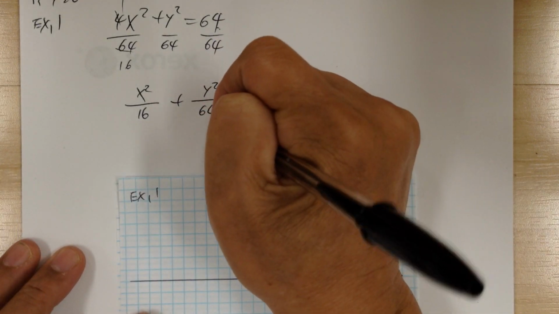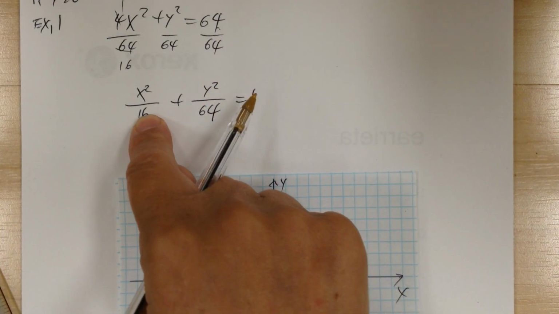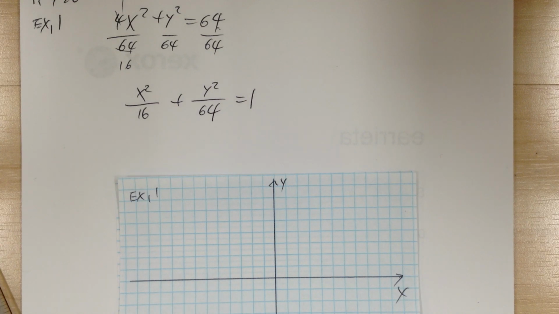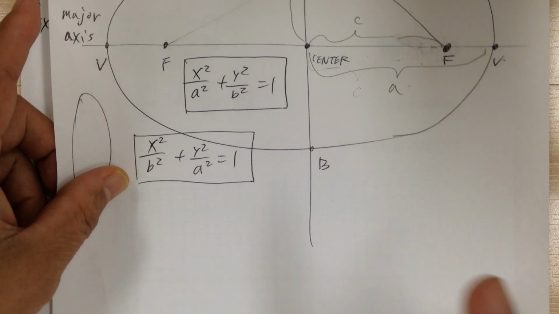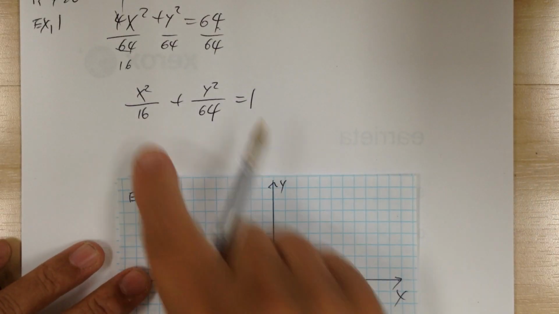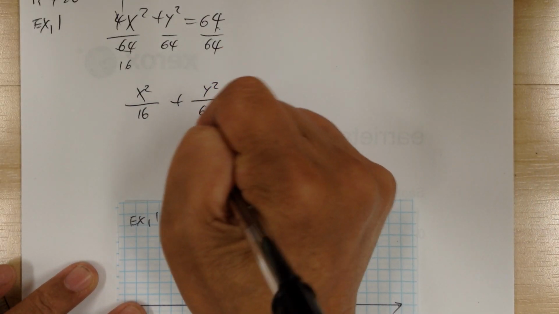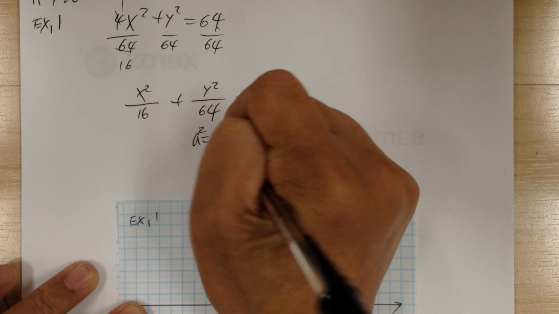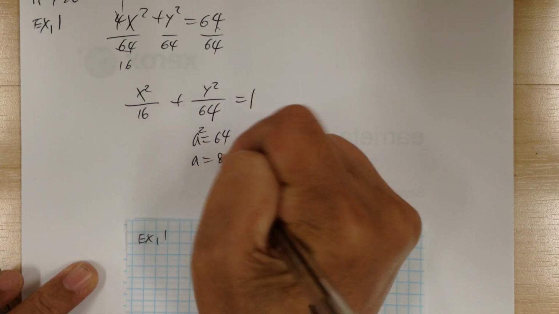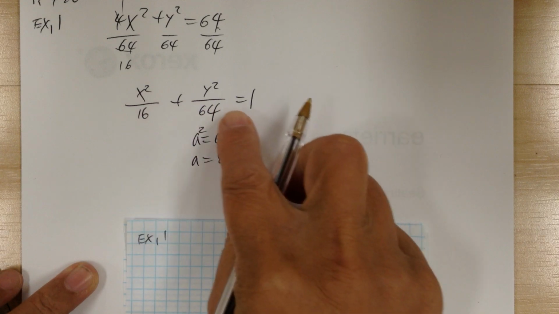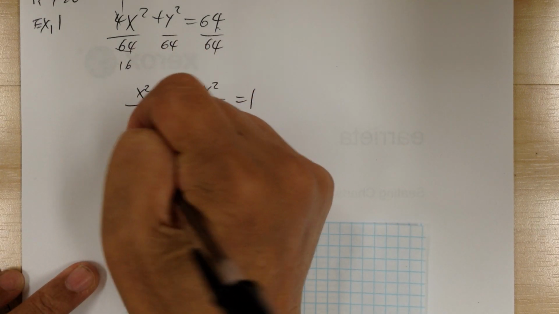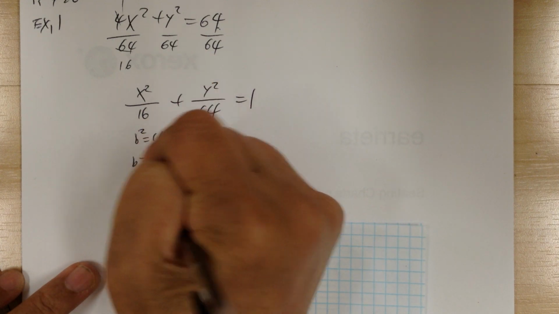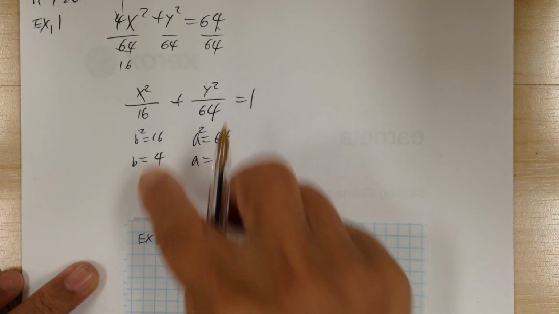If you remember your equation, the big number is always a squared. So from here you can see that a squared equals 64, so a equals 8. Again, the big number is always a. So b squared equals 16, so b equals 4. So you take the square root.